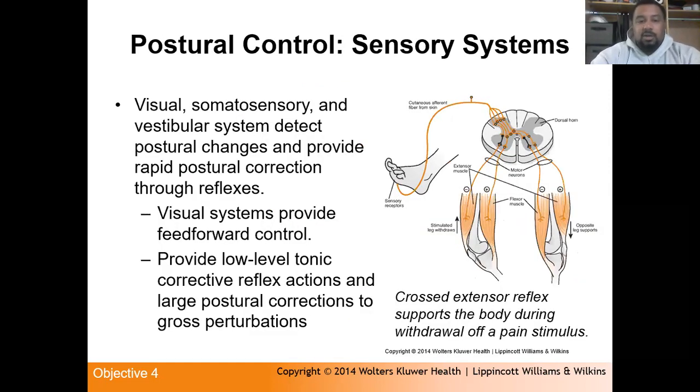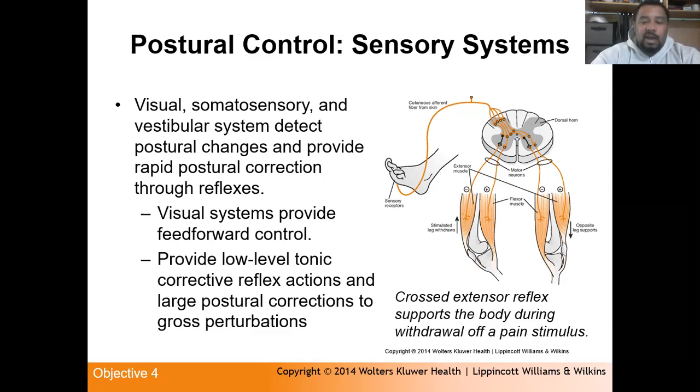Sensory systems. The visual, somatosensory, and vestibular systems detect postural changes to provide rapid postural correction through reflexes. Basically, your sensory systems provide feedback to your body when something needs to change or happen.